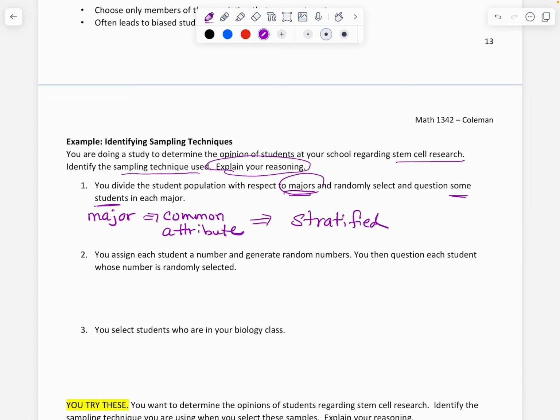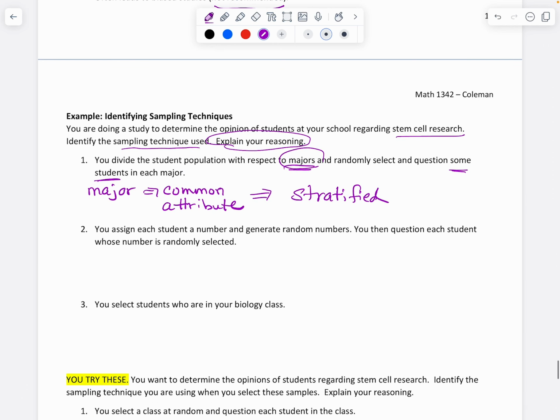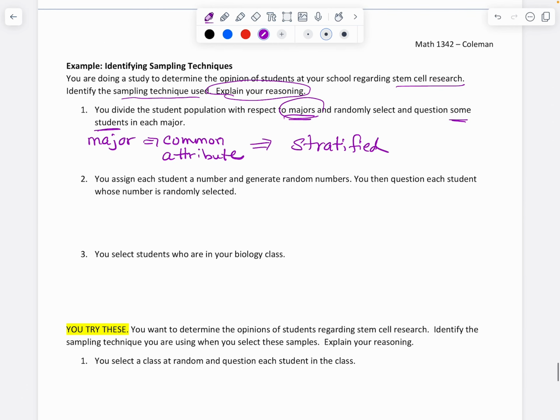So again, when we explain our reasoning, it doesn't have to be in spoken words. It can be just this thought process. Well, we put them in majors. That's a common attribute, so therefore it's stratified. Number 2, you assign each student a number and generate random numbers. You then question each student whose number is selected. So this is what we were trying to do on the calculator, was to assign every student a number and then let the calculator randomly generate it, similar to picking names out of hats.